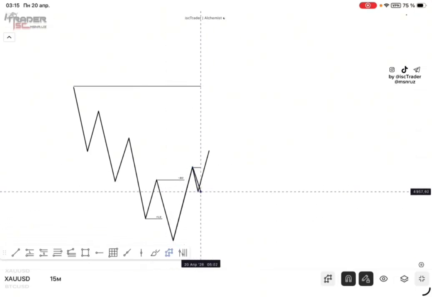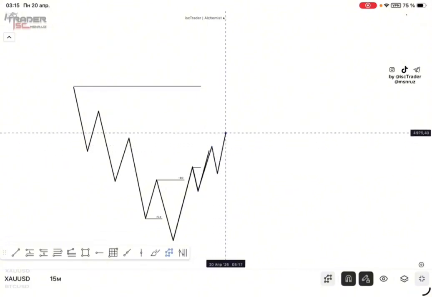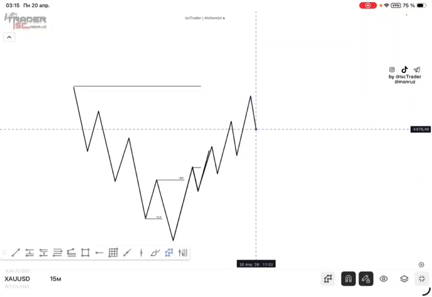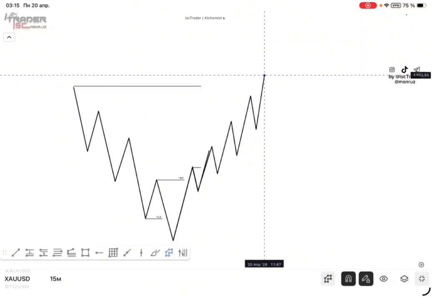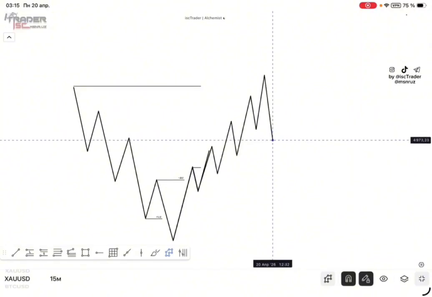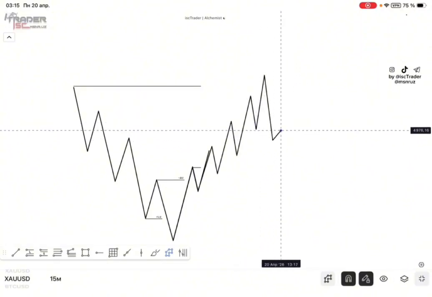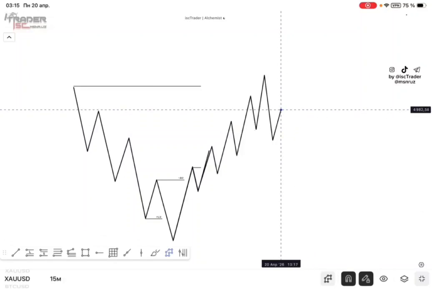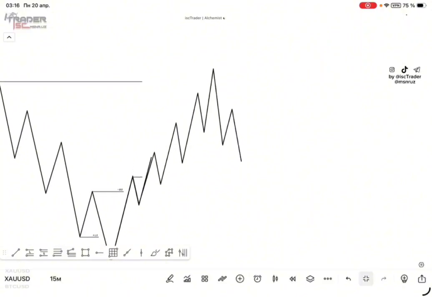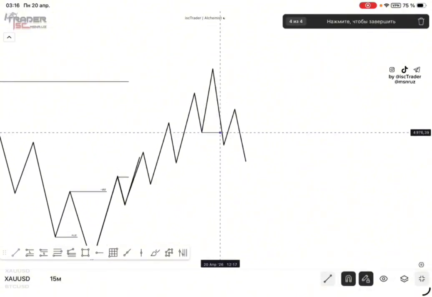Higher high, higher low, higher high, higher low, higher high. Higher low, higher high, higher low, higher high, lower low. The structure was broken again. Lower high, lower low. Breakout.